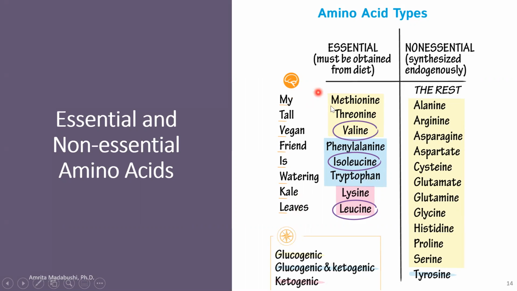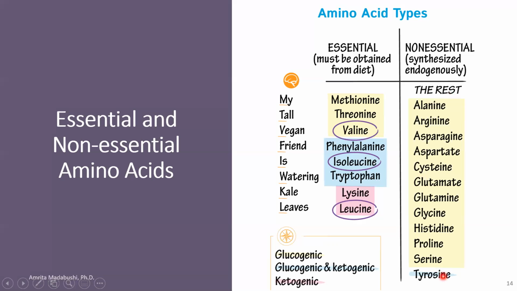That's methionine, threonine, valine, phenylalanine, isoleucine, tryptophan, lysine, going by the one-letter codes. These are the different types of diets in which you get different ones. That's fine, we don't have to worry about that.